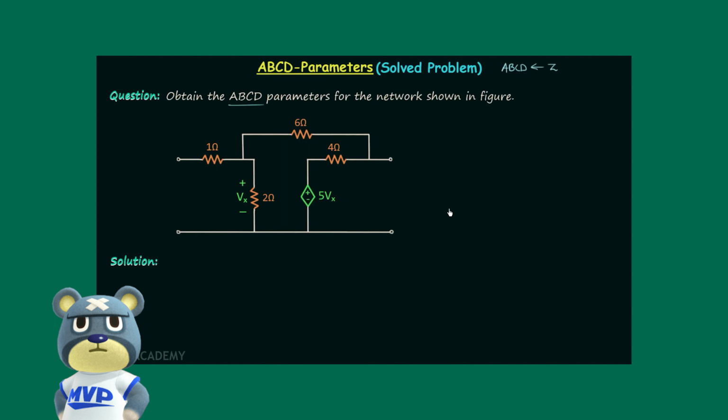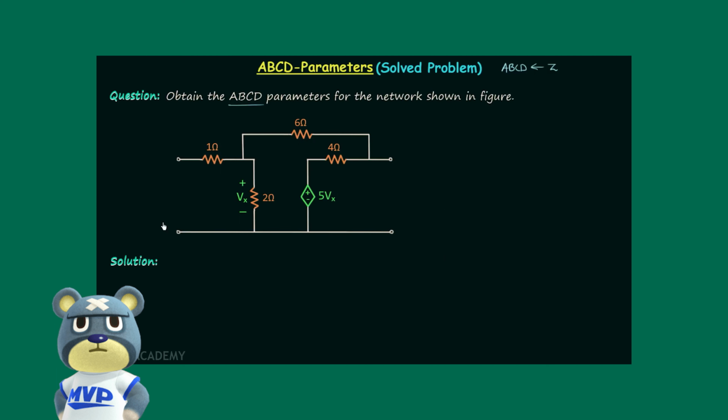Alright, now let us understand the solution of this problem, and we will first find out the set of equations we have in case of Z parameters. Step number 1 is to assign the currents in all the branches of our two-port network.